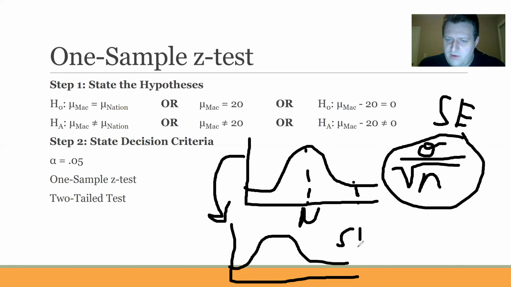The standard normal distribution has a mean of what? 0. And it has a variance and standard deviation of 1. If we can convert any old sampling distribution to a standard normal distribution, we can now use the cutoffs for the standard normal distribution to make our decision about whether or not we reject or retain the null hypothesis.